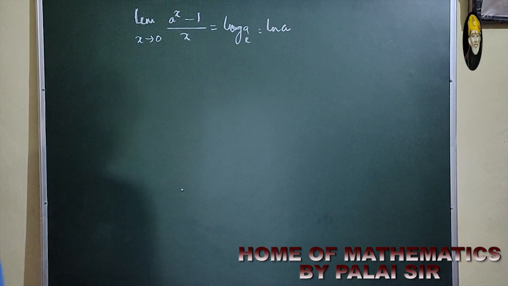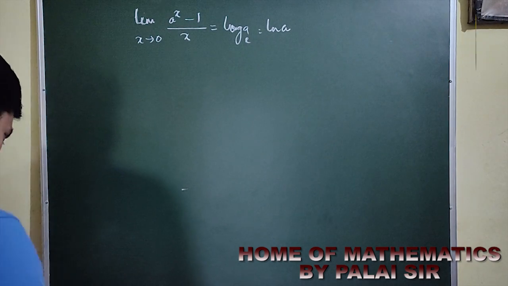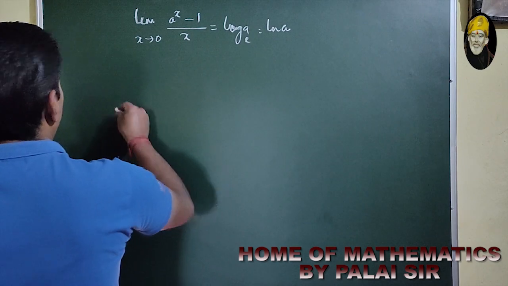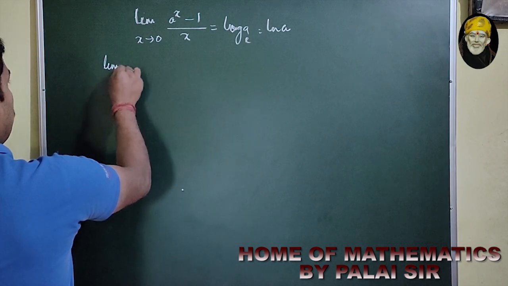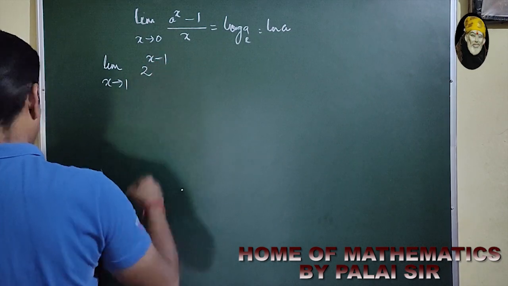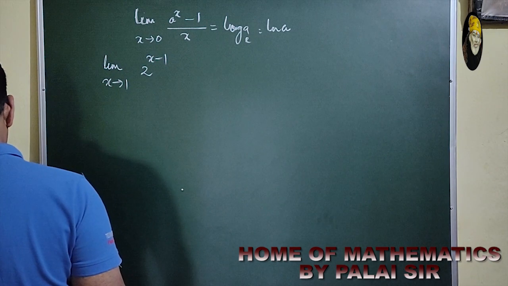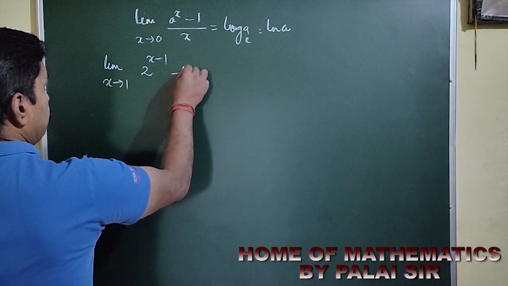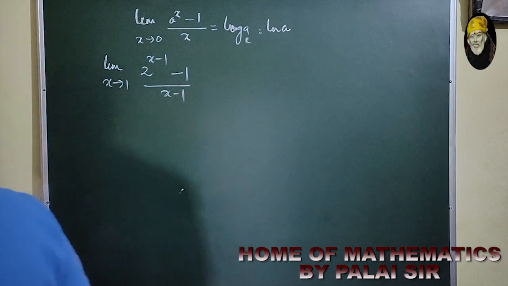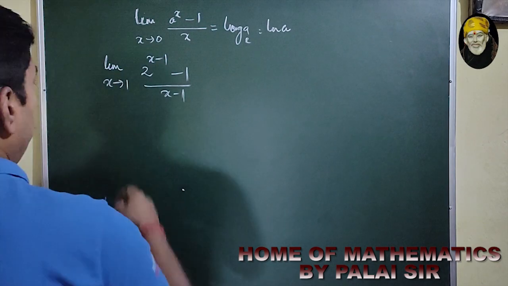Suppose here the first problem, you are taking limit x tends to 1, 2 to the power x minus 1 minus 1 divided by x minus 1. So here this problem is not in the complete form.